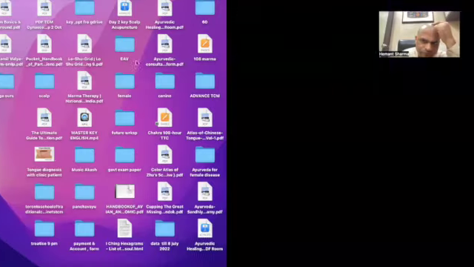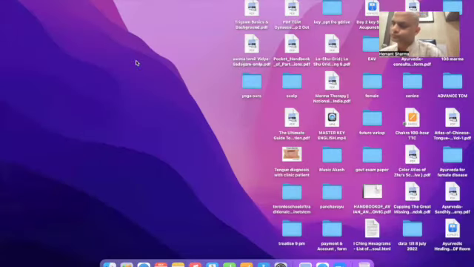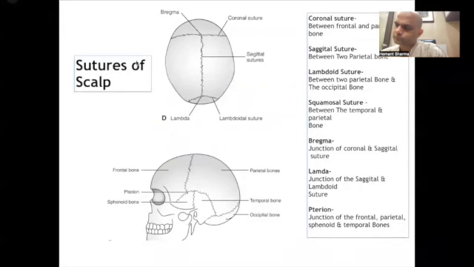Fontanel means hole, ditch. So there's a very important part I will show you in this image. So this is the part.